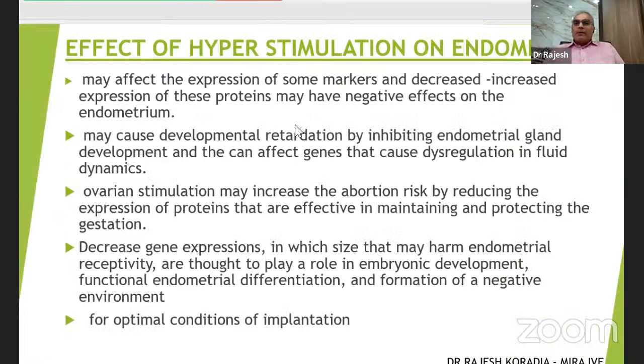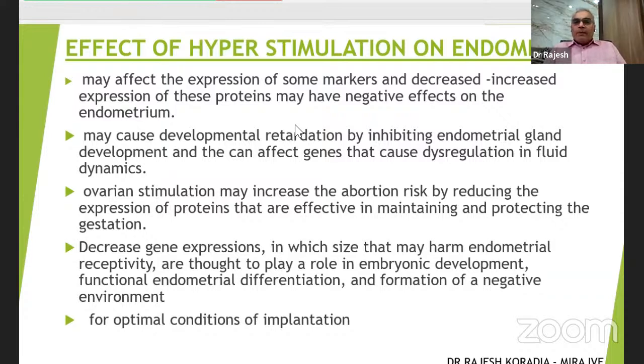What is the effect of hyperstimulation on the endometrium? It may affect the expression of some markers, and increased expression of these proteins may have a negative effect on the endometrium. It may cause developmental retardation by inhibiting endometrial gland development, and can affect genes that cause dysregulation in the fluid dynamics.